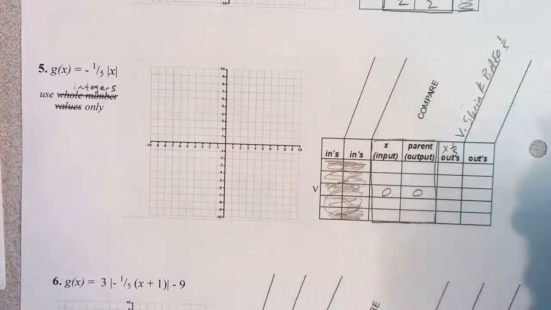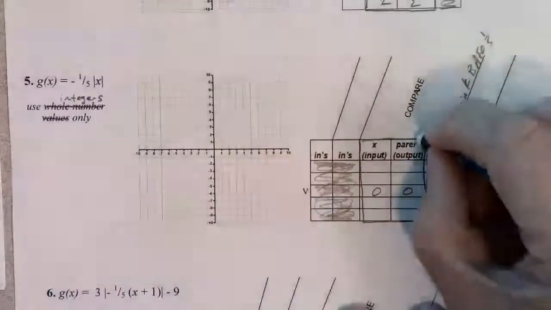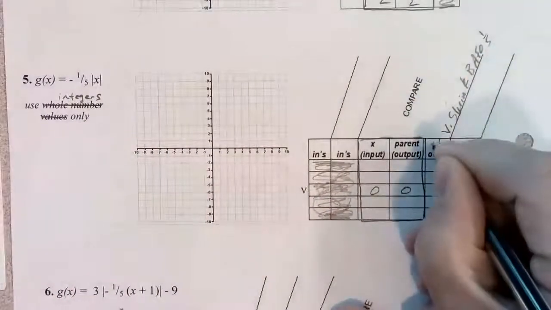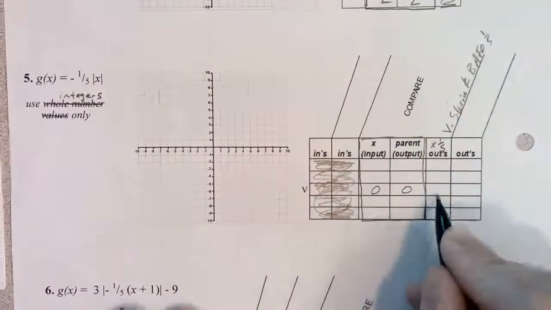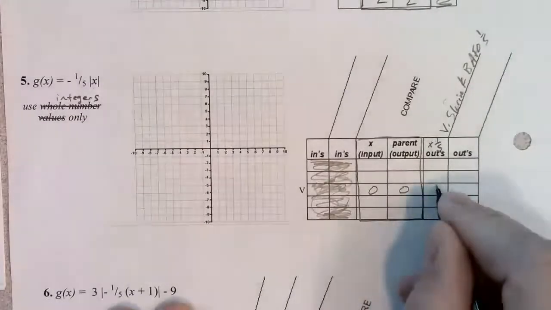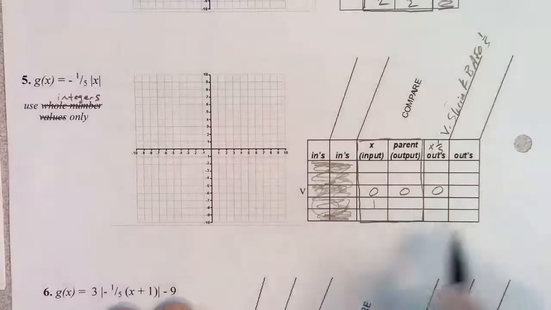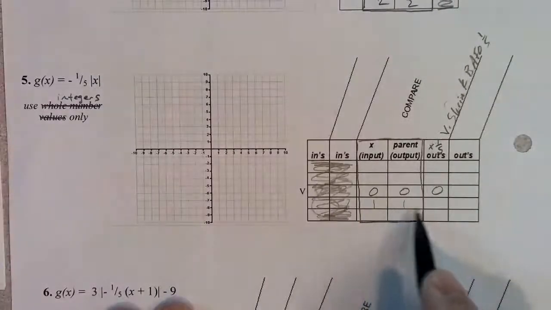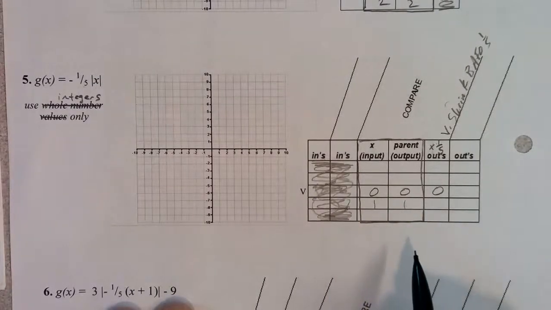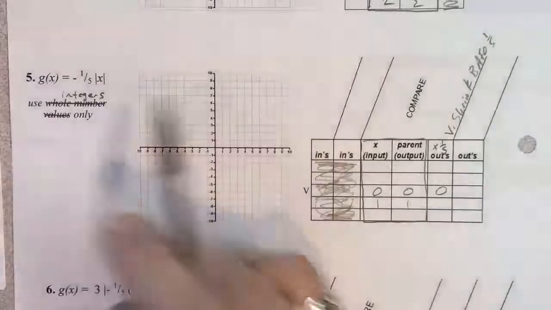Now let me pause there for a minute, because when I multiply 0 by 1/5, what do I get? 0. So that's good. But if I were to, don't do this, but if I were to put a 1 there and I multiply 1 by 1/5, what do I get? 1/5, and that's not an integer.